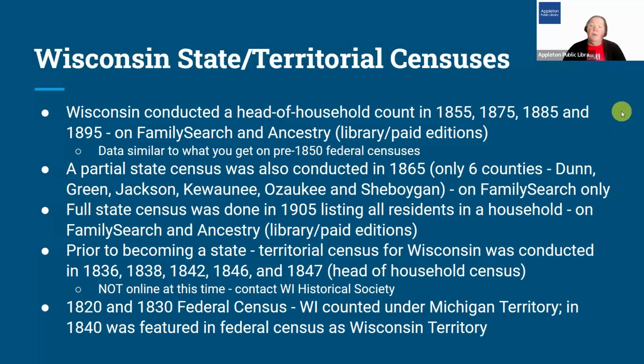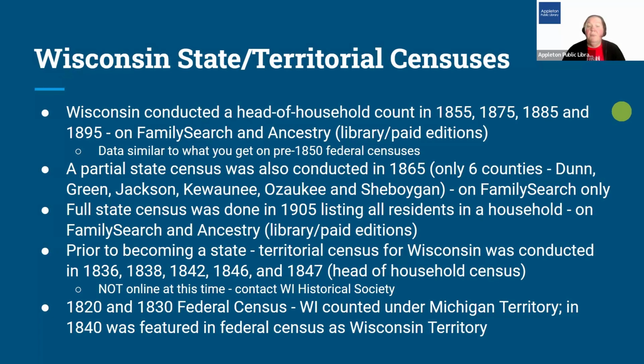Just quickly, I want to talk about the Wisconsin state and territorial censuses. So Wisconsin conducted a head of household count, similar to those pre-1850 censuses where you just get the tick marks. Those were in the 1855, 1875, 1885, and 1895 census, and those are available on Family Search and on Ancestry, both the library and the paid edition.